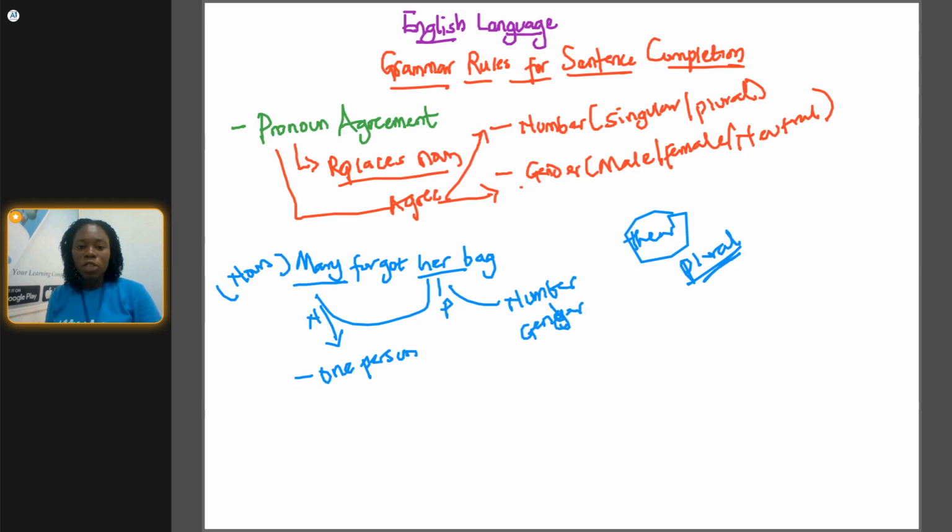And when we talk about gender, Mary is female. All right, that's why I didn't use a unisex name, so that we don't get confused, because there are some unisex names that could get us confused. There are some of our tribe names. Okay, so you could hear someone answering the name Tola, and you don't know if the person is male or female. All right.